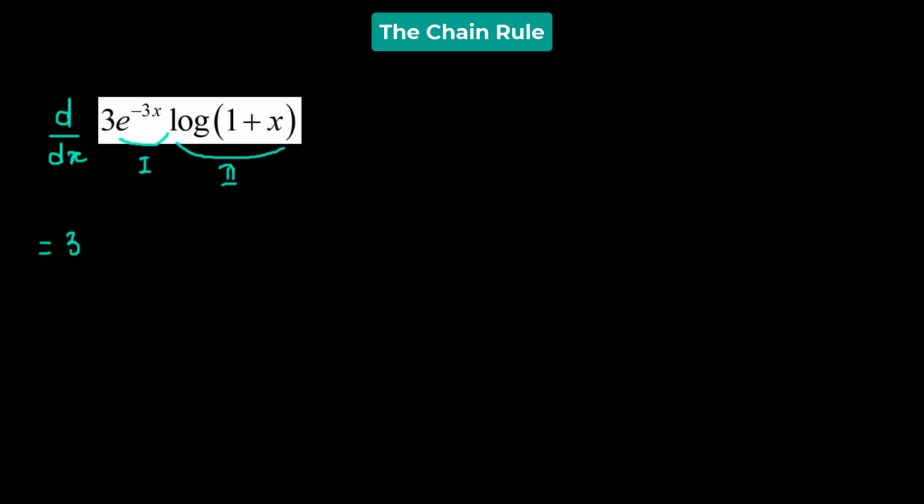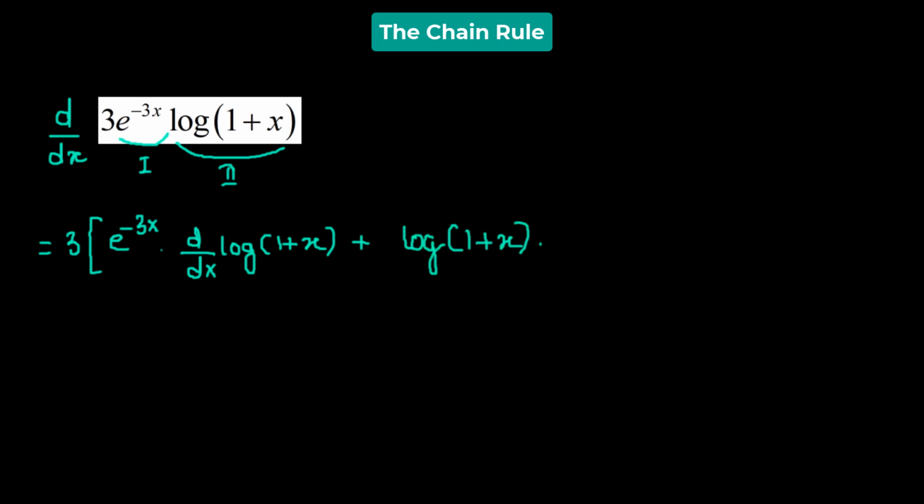So that gives us 3 times the first function, which is e raised to the power of negative 3x, multiplied by the derivative of the second function, which is log of 1 plus x, plus the second function, which is log of 1 plus x, multiplied by the derivative of e raised to the power of negative 3x, which will be equal to 3 times e raised to the power of negative 3x.